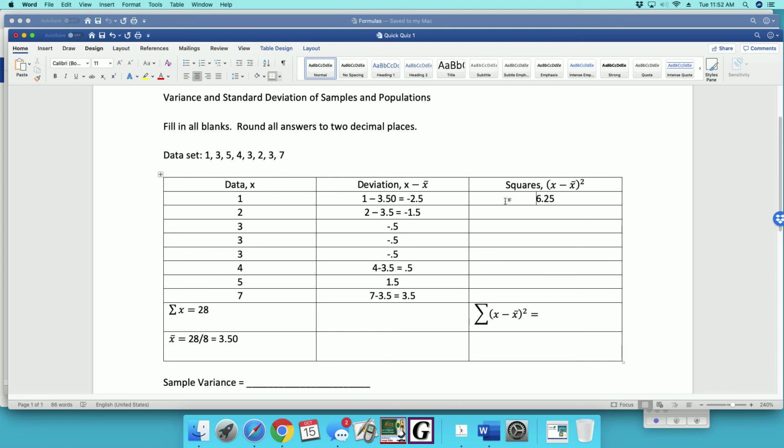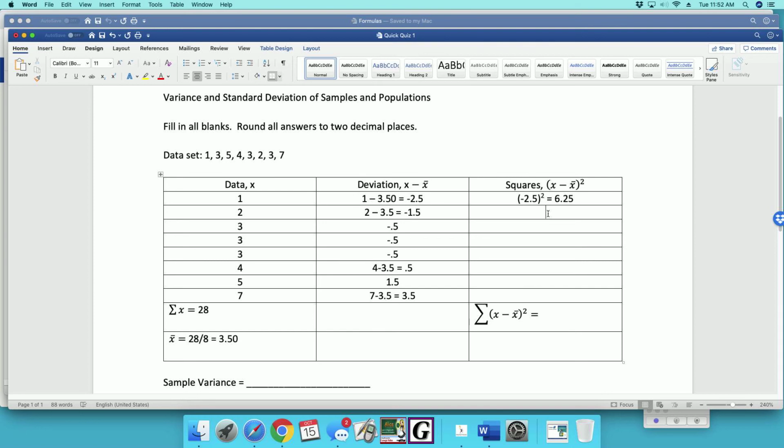So what we did here is we took our deviation, which was negative 2.5, and we squared it. We took our difference and we're squaring them. So now I'm going to take my negative 1.5 and I'm going to square it.